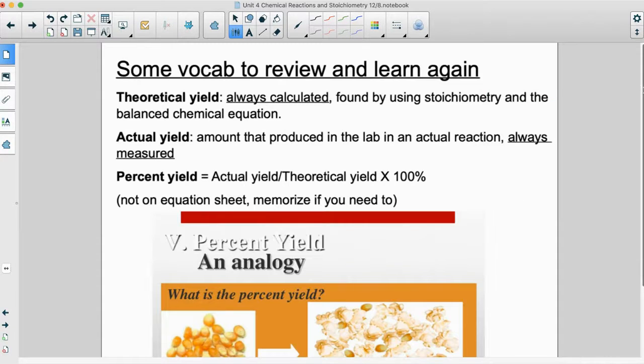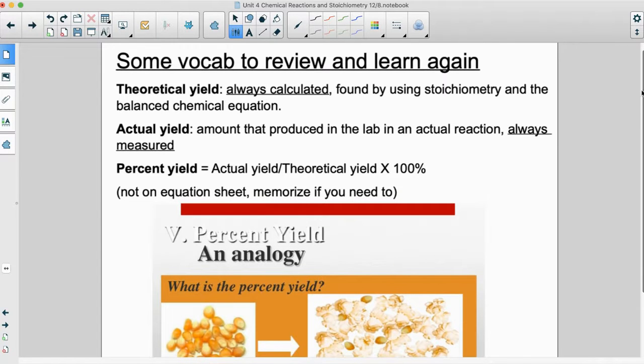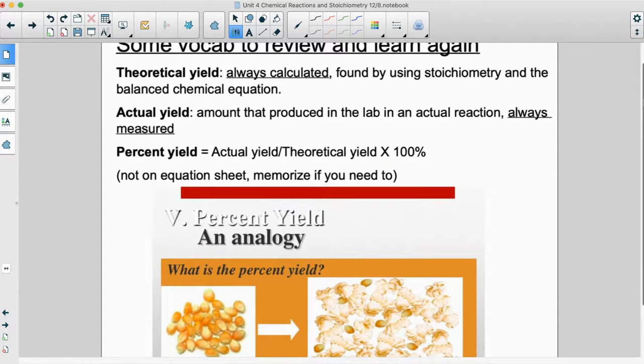So some vocabulary that you may or may not remember are these terms called the theoretical yield. So this is always a calculated amount that is found using stoichiometry and the balanced chemical reaction. We always need to calculate the theoretical yield.